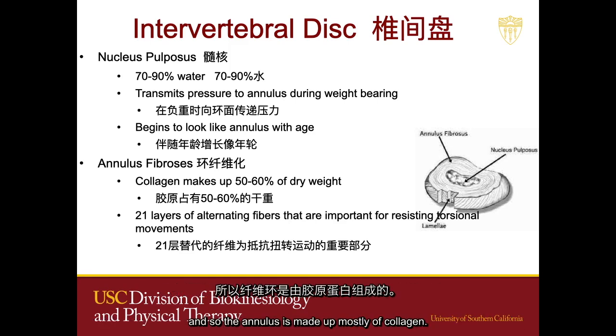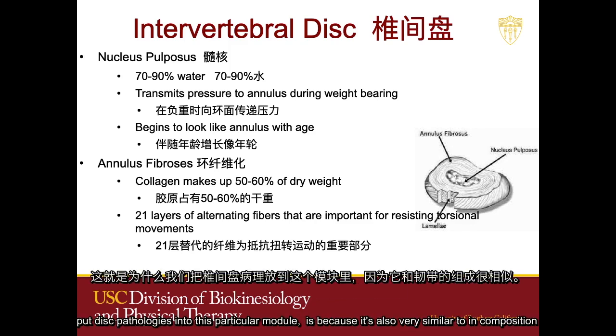The annulus is made up mostly of collagen. If you remember when we talked about ligaments, we talked a lot about the fact that they're mostly collagen. That's why we put disc pathologies into this particular module, because the disc is very similar in composition to a ligament.